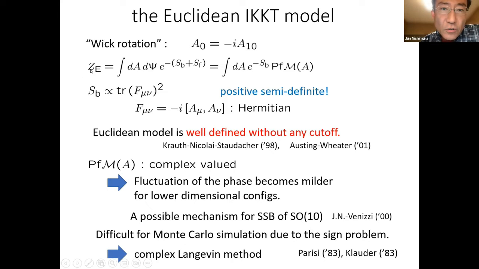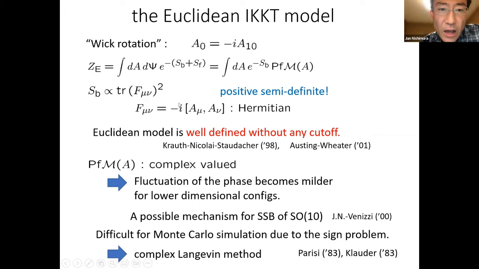The partition function of the Euclidean IKKT model can be written in this way with this Boltzmann weight. If you integrate out these fermionic matrices, you get the Pfaffian. And this action for the bosonic matrices looks like this, where F mu nu is defined in this way by the commutator of A mu and A nu.